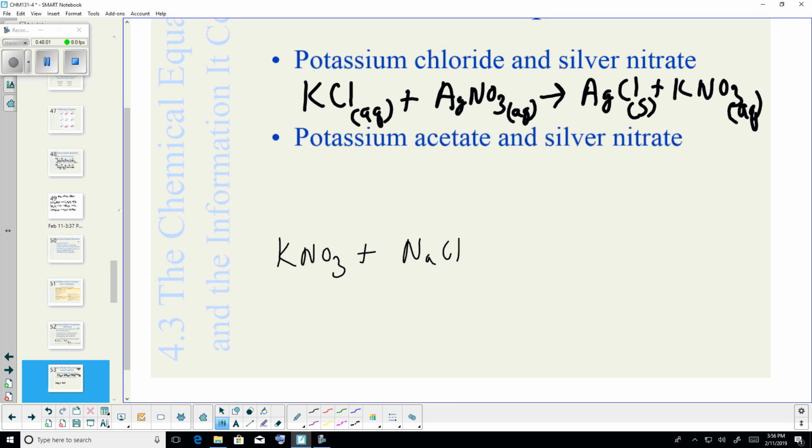Potassium nitrate is soluble, yeah, because it's a column 1 metal, and all nitrates are soluble. So this is aq. Sodium chloride soluble in water. I mean, you didn't have to go to the table for that. Yeah, salt dissolves in water.